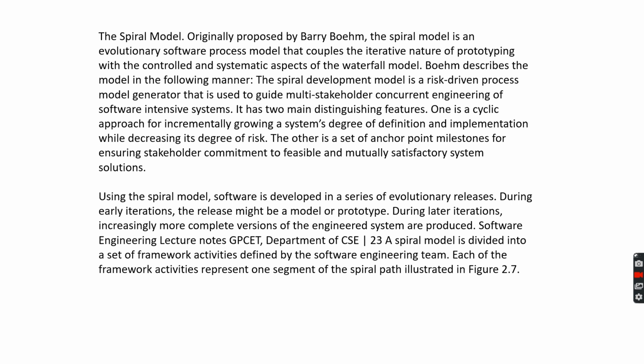In this, one is a cyclic approach for incrementally growing a system's degree of definition and implementation while decreasing its degree of risk. The other is a set of anchor point milestones for ensuring stakeholder commitment to feasible and mutually satisfactory system solutions. By using this type of spiral model, software is developed in a series of evolutionary releases. During early iterations, the release might be of a model or a prototype.